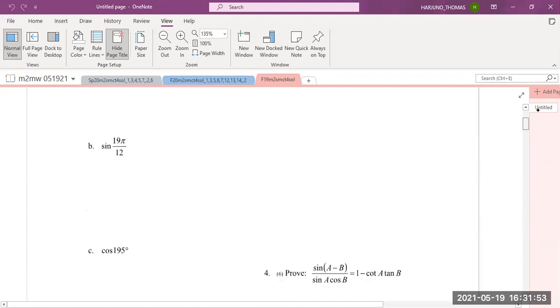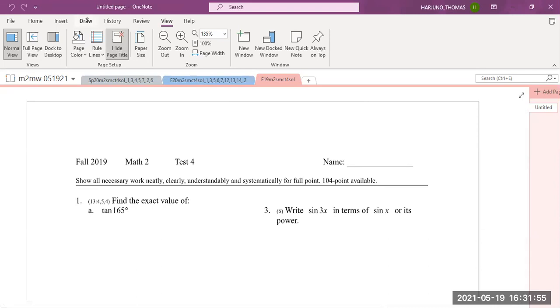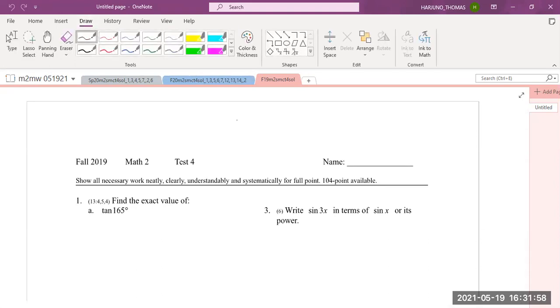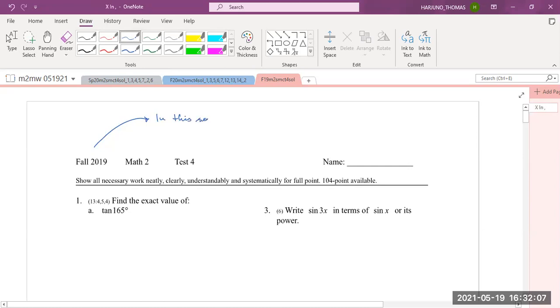Okay, the difference is in this fall 19, I did not include in this semester law of sine, law of cosine, and sequence series.